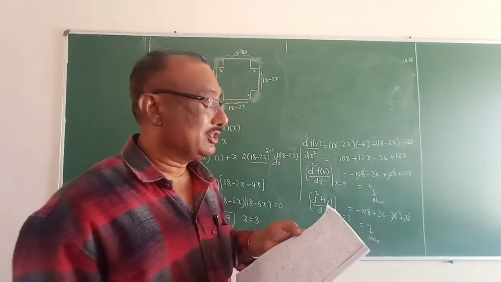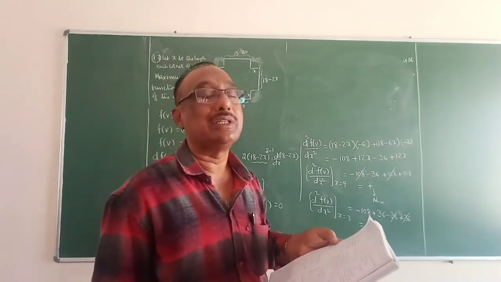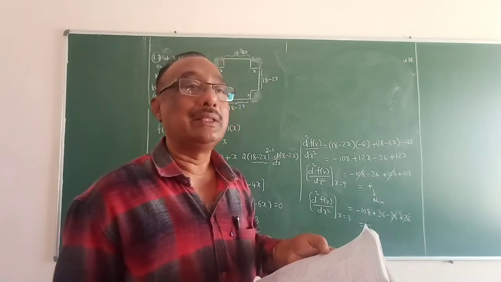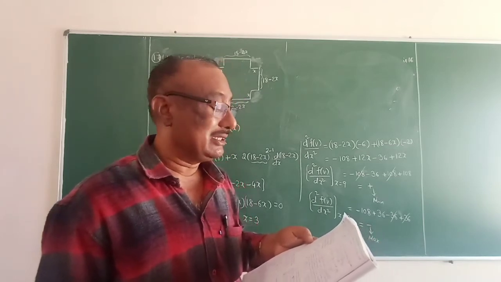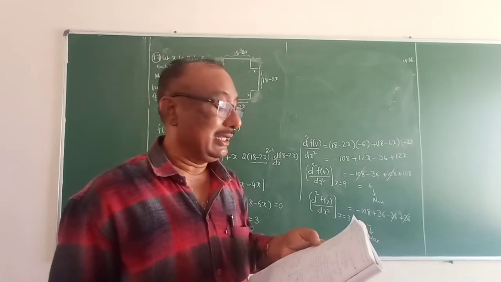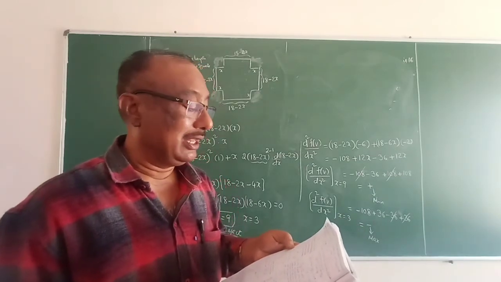A rectangular sheet of tin 45 centimeters by 24 centimeters is given; the length is 45 and the breadth is 24 centimeters. It is to be made into a box without top by cutting a square from each corner and folding up the flaps.